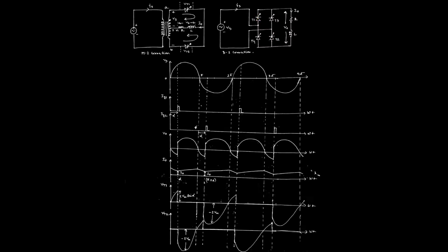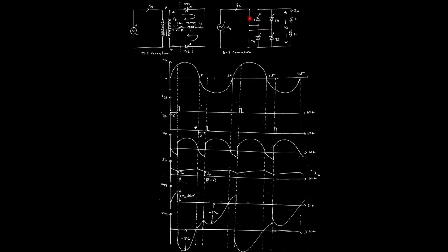Suppose T1 is fired, at the same time T2 should be fired, and if T1 is fired, T4 should be fired at the same instant. Consider the first case, when the supply voltage goes positive and current IS starts flowing, and we apply the triggering pulse across T1 as well as T2.